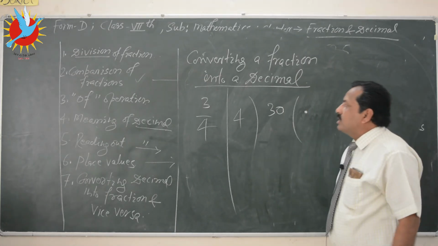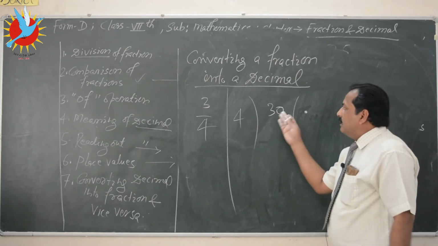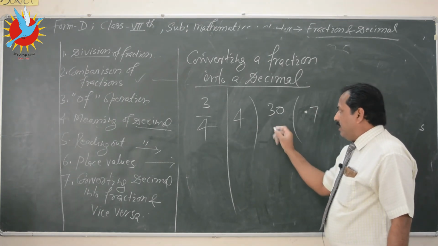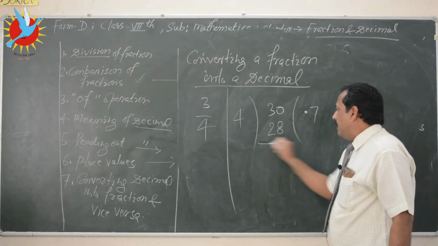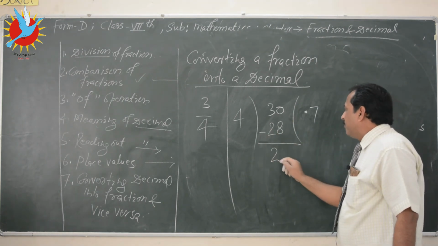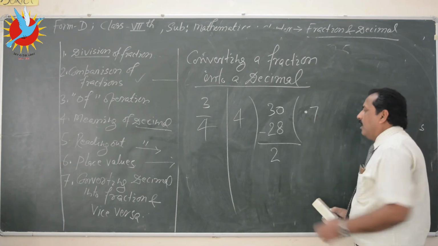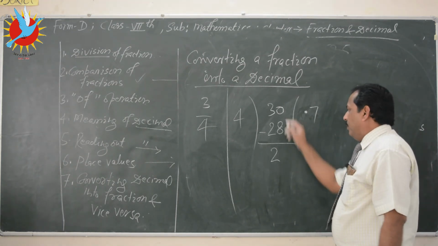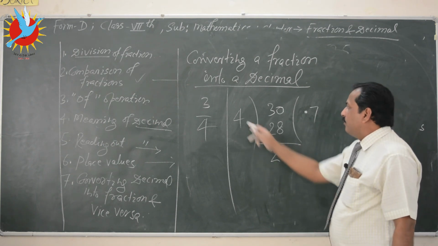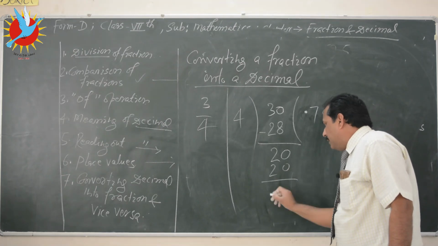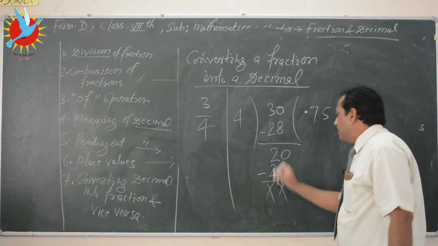So this becomes 30. Now you can easily divide: 4 times 7 is 28. Then you subtract, this is 2. And after the first decimal, if we need, we get another 0, so this is 20, and 4 fives are 20, and this is reduced.